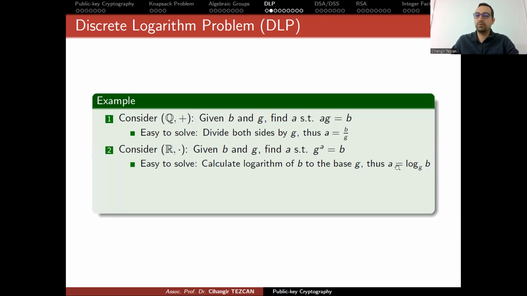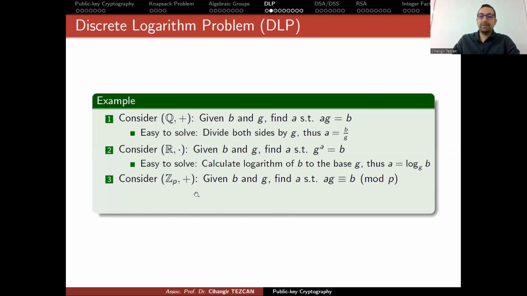So it is simply calculating a logarithm. You know b, you know g. Just calculate the logarithm of b to the base g and you end up with a. Okay, so this is actually the definition of logarithm, and this is why we call it a logarithm problem.